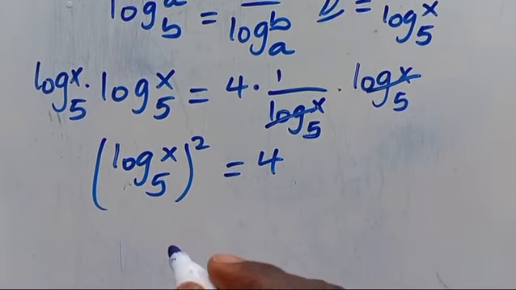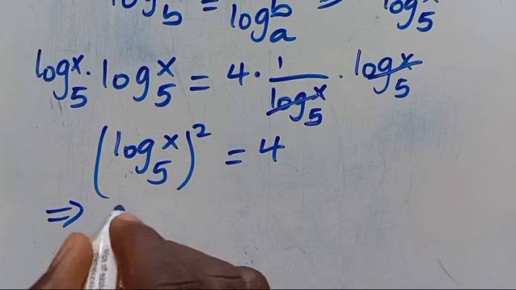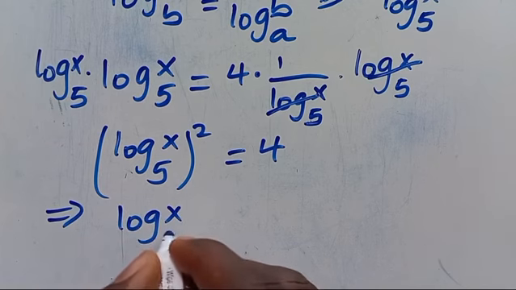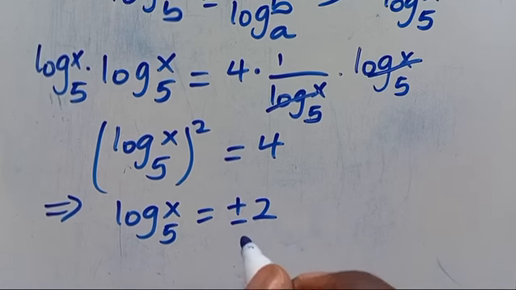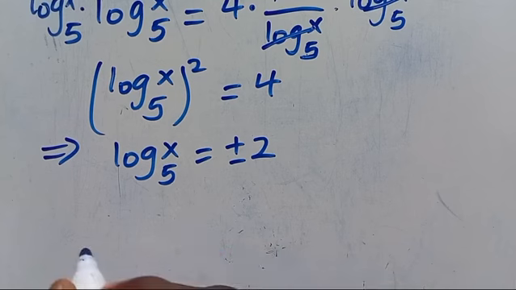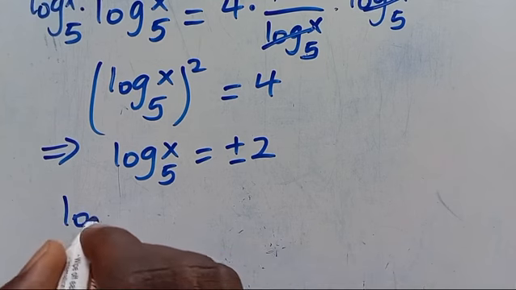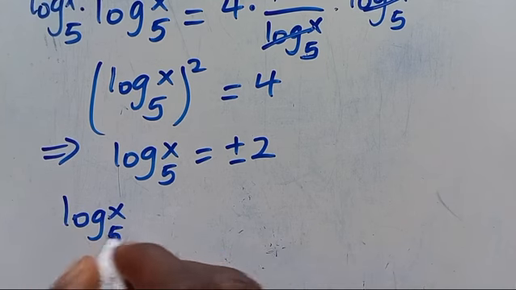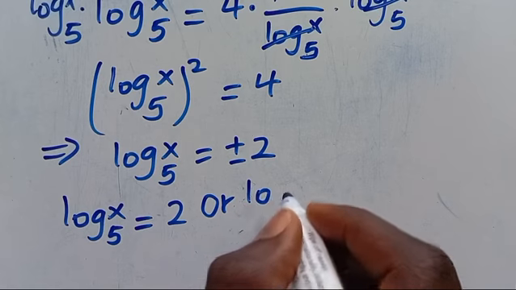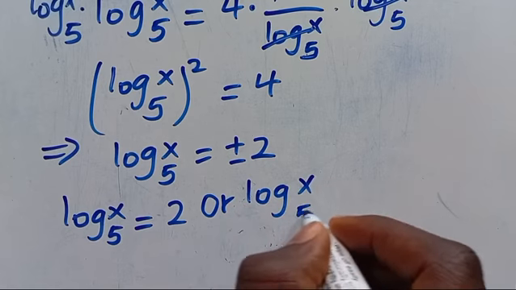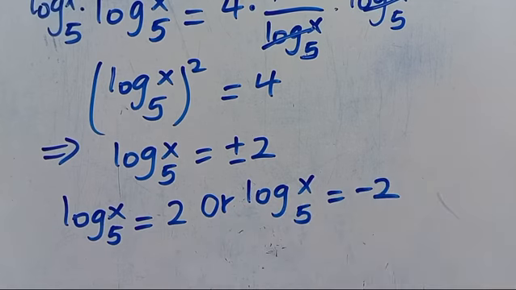So from here, when we take the square root of both sides, we are going to have log x in base 5 equals positive or negative 2. The same thing we got with the previous, we are going to have log x in base 5 equals 2, or we have log x in base 5 equals minus 2.